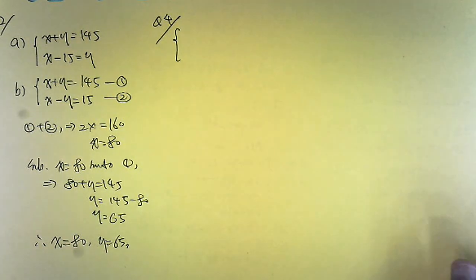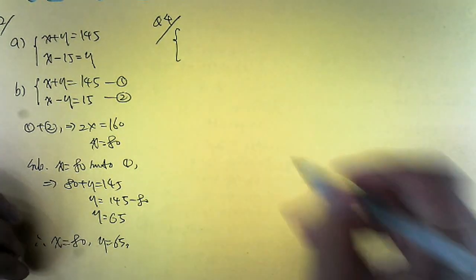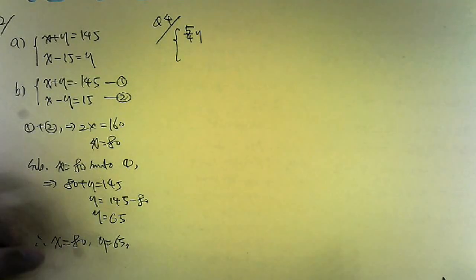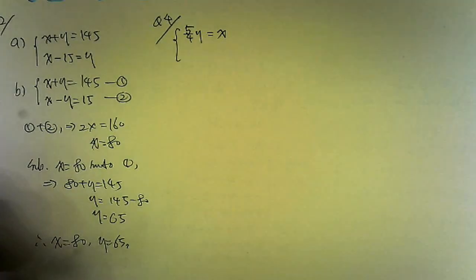For the first one, Jessica's height is 5/4 of Winnie's. Winnie is Y, right? So 5/4 of Y will be equal to X.